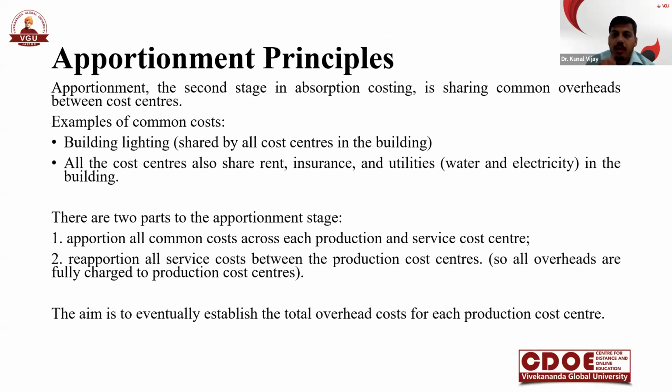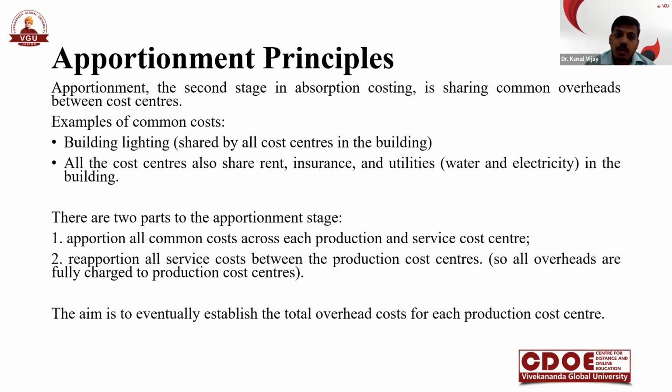Apportionment principle, that is important. Apportionment is the second stage in absorption costing. First is allocation. Allocation means you have been given the cost for a particular product directly, so you can directly allocate it. After that, apportionment is for the indirect costs, the overheads. Apportionment is sharing common overheads between cost centers.